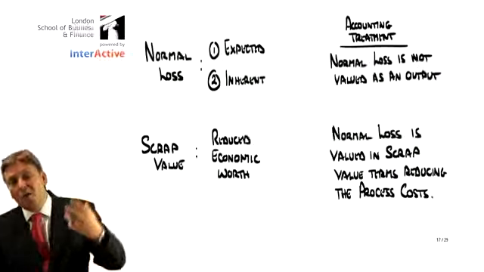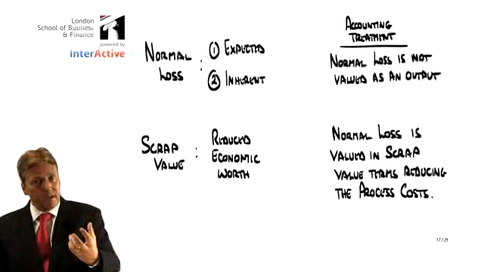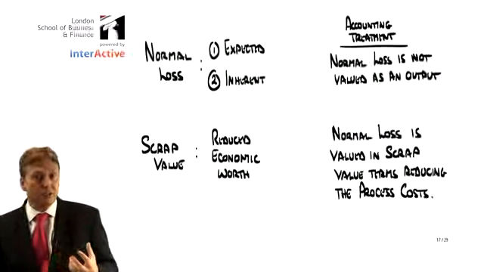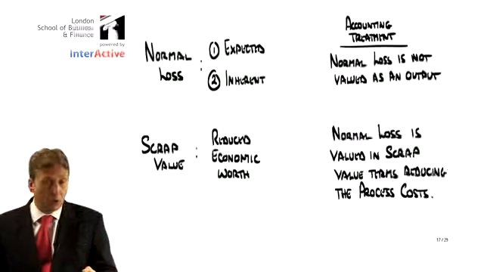All we're doing is offsetting the scrap value against the process costs that we're incurring, and as a result, we can reduce the overall cost per unit that we suffer.